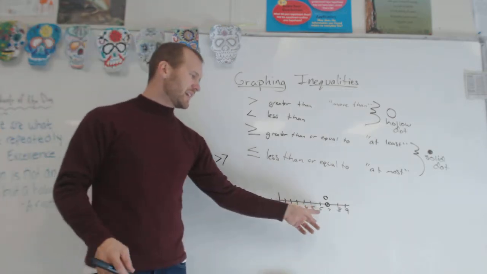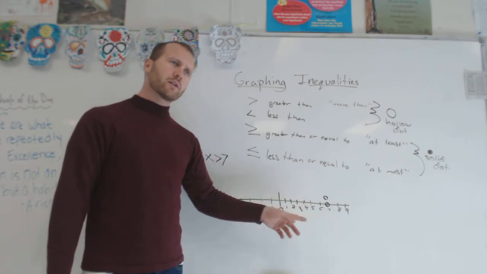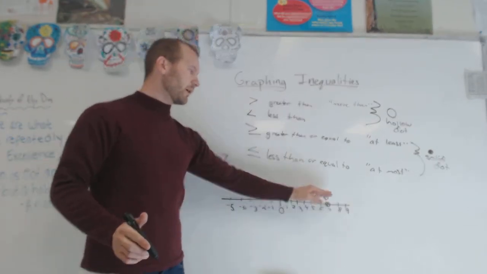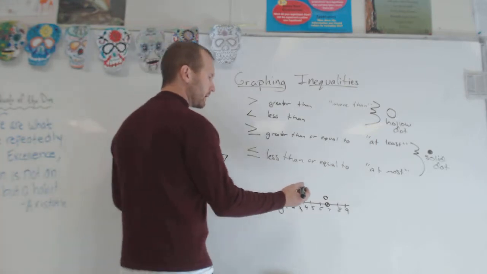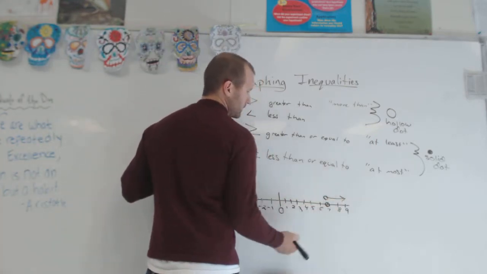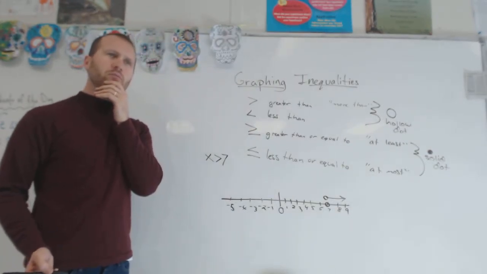Could x be 6? Or 5? No, because those numbers are not greater than 7. So I don't want my arrow going that way. I want my arrow going that way. You're right, showing everything that x could be. We sort of learned this in 6th grade.